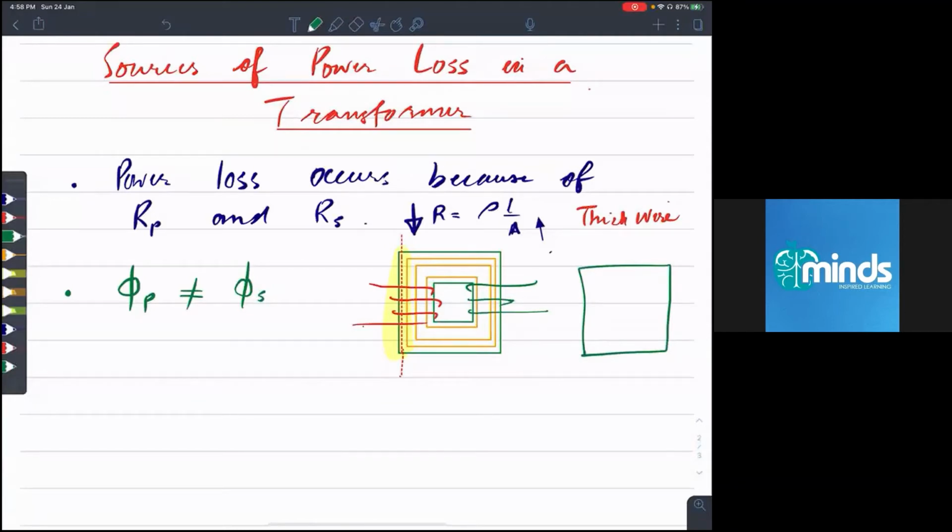We change the design of transformer. We actually change the design of the core. For example, let me draw the core first.